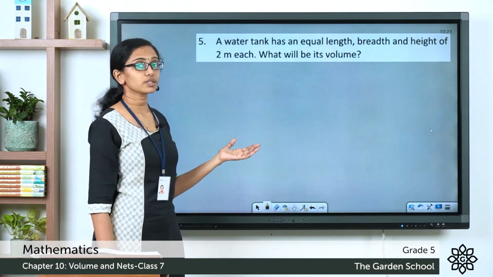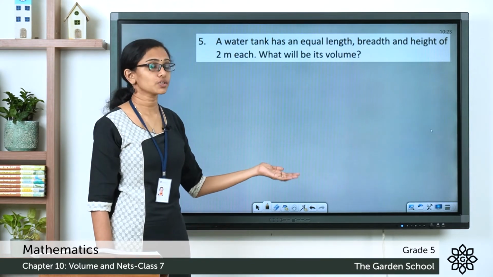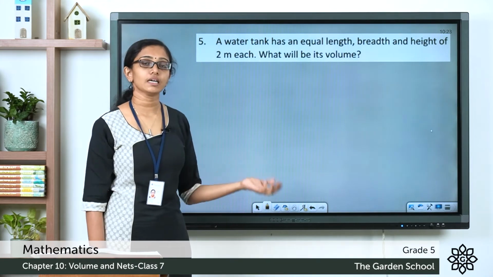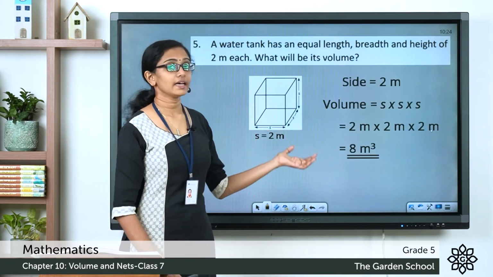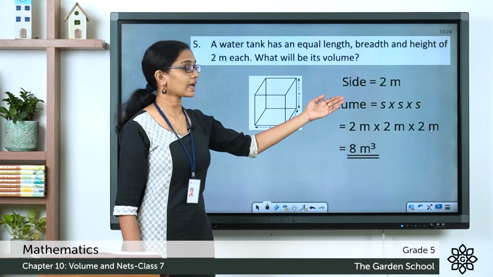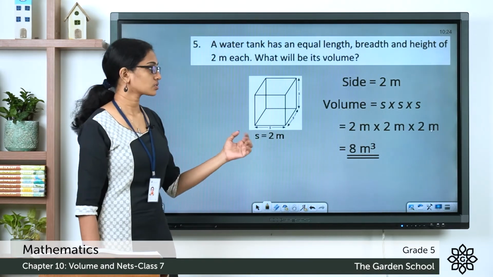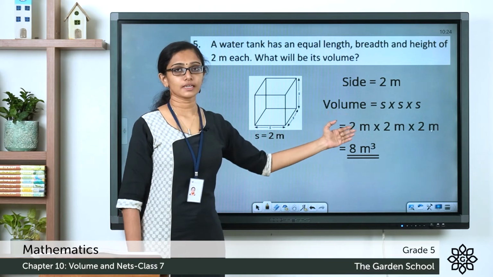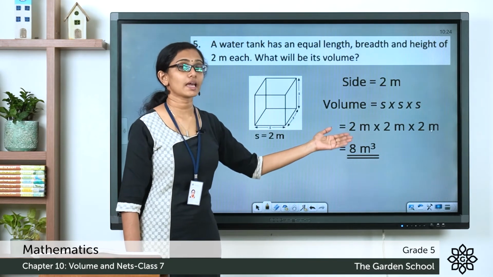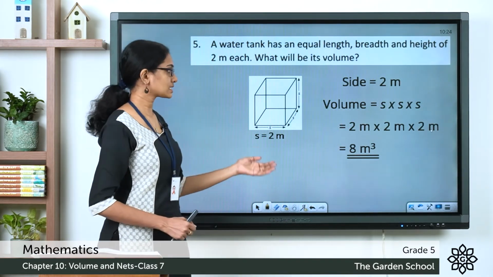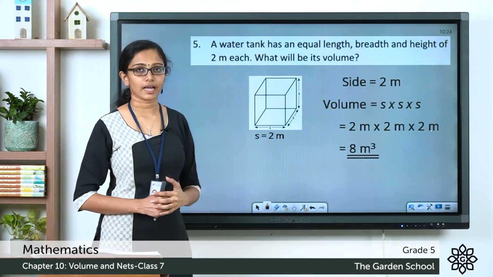So the sides of the water tank has a dimension of 2 meter each. So by formula, the volume of this is equal to S into S into S, and S is 2 meter here. So it is 2 meter into 2 meter into 2 meter, which is equal to 8 meter cube or 8 cubic meters. So that is the volume of this water tank.